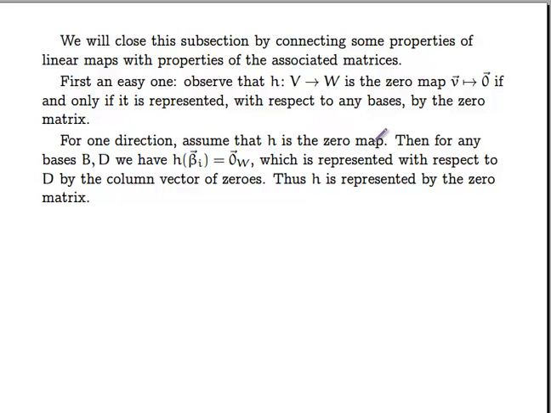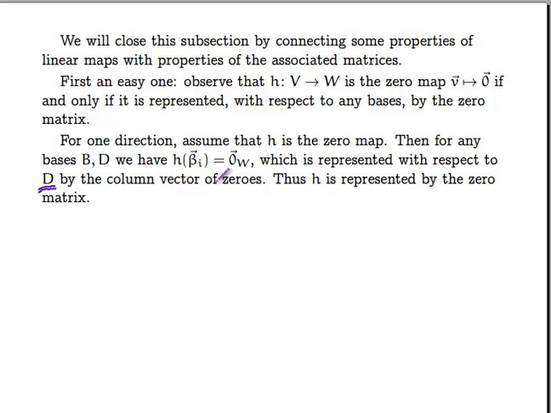First, assume that H is the zero map. Then for any basis, we have that H operating on any basis vector is going to give me the zero vector. And this is represented with respect to the codomain basis as a column vector of zeros.